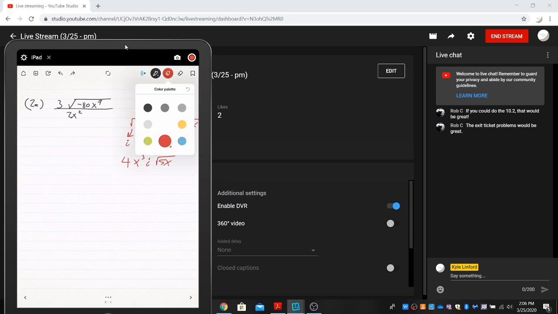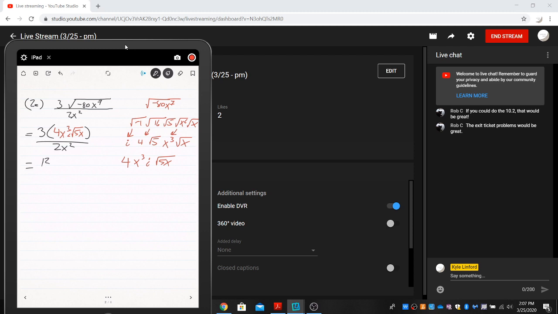All right, so with that, we can substitute it in. 3 times, instead of the square root of negative 80x to the 7, we have 4x cubed i root 5x. And that is going to be all over 2x squared.